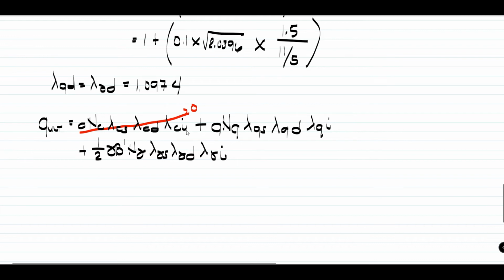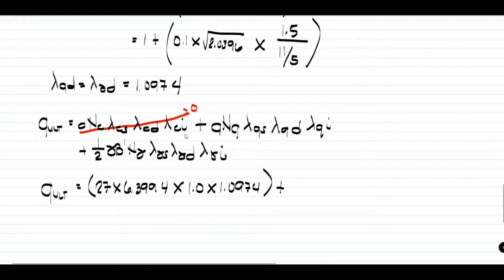So, ngayon, getting the Q ultimate, ang Q natin will be 27 times NQ, which is 6.3994, times the lambda QS, which is 1.0, and the lambda gamma S, or the lambda QD, which is 1.0974.